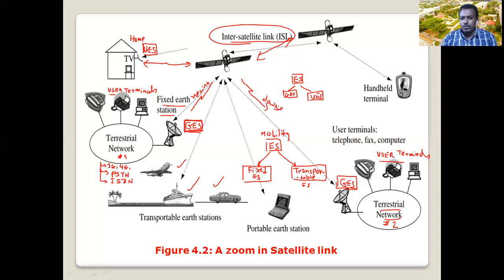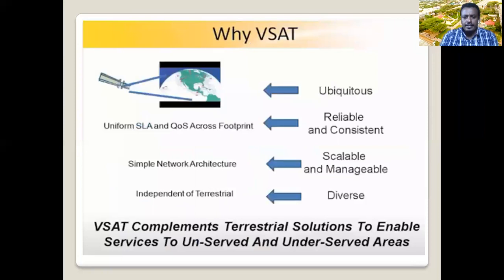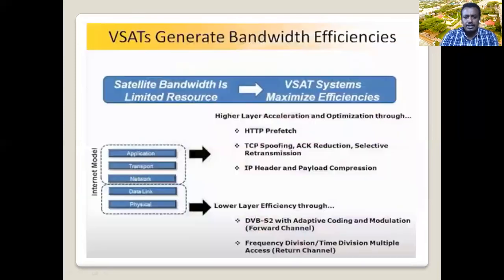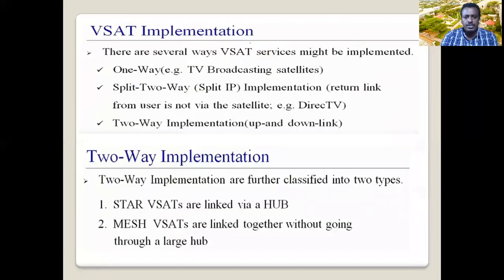Satellite networks are mainly configured in two topologies. The first one is star topology. We'll discuss this later when we come to VSAT. When we discuss VSAT, we'll see these topologies.